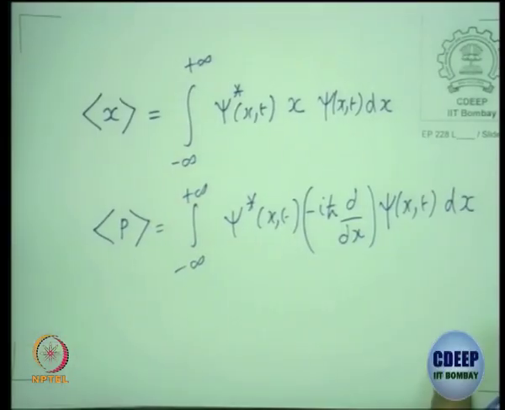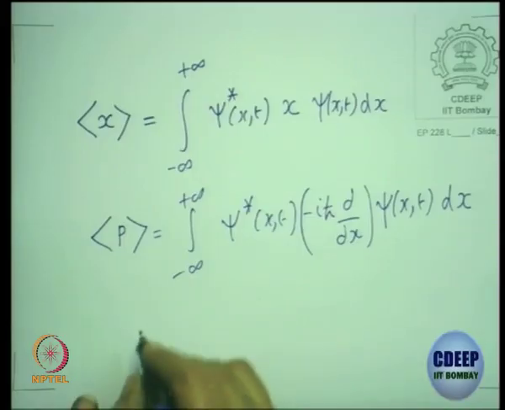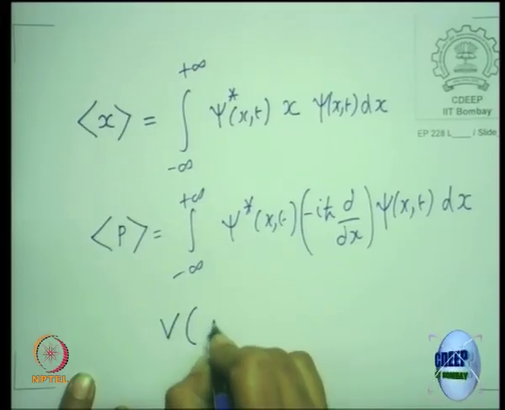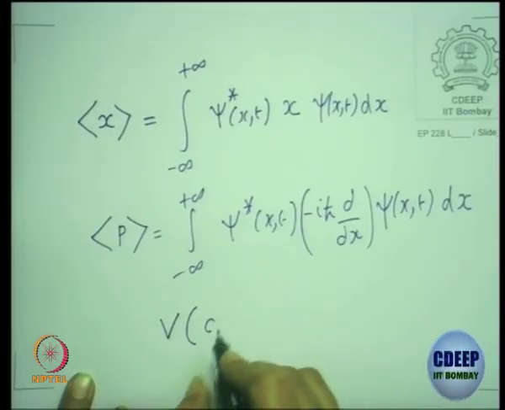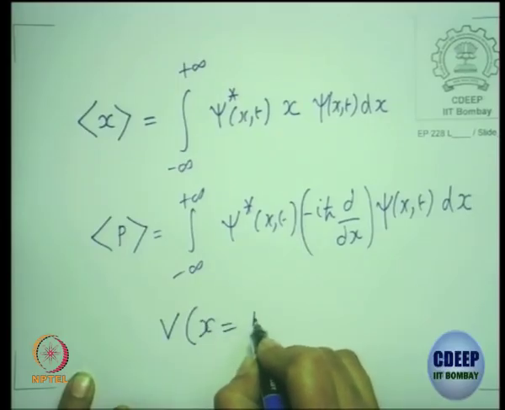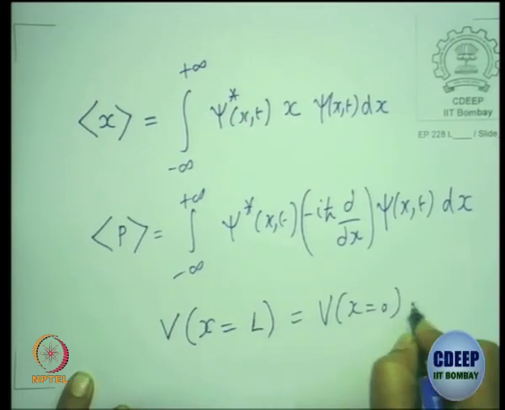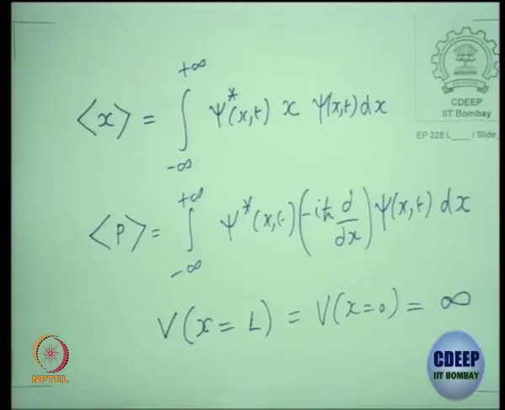Okay, a couple of things which you have done in the previous course. One is when we have a particle in a box, V equal to infinity outside. This is something which you have used.